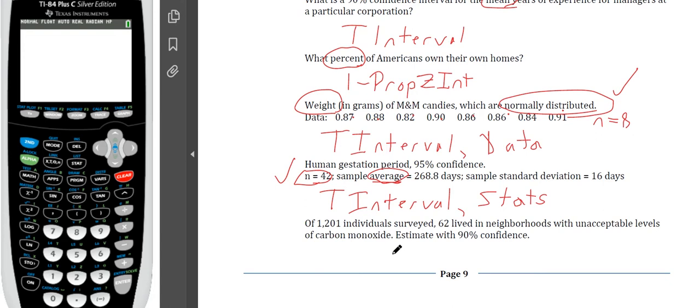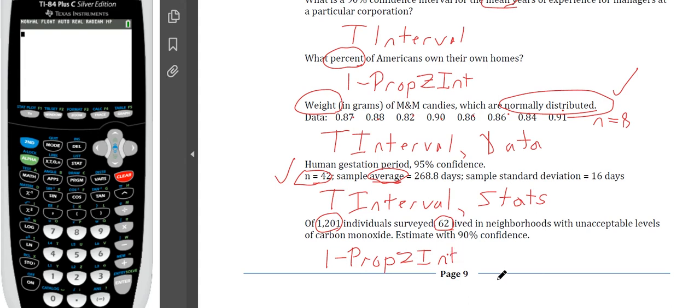We're looking at one or the other, a yes or a no situation. Furthermore, we have a number of the total that have this quality. This is a proportion, and therefore we're going to work with this with one prop z int. That's what we would need to solve this.